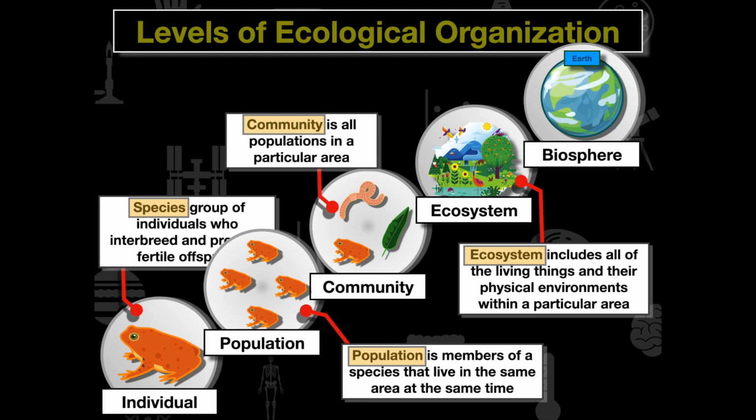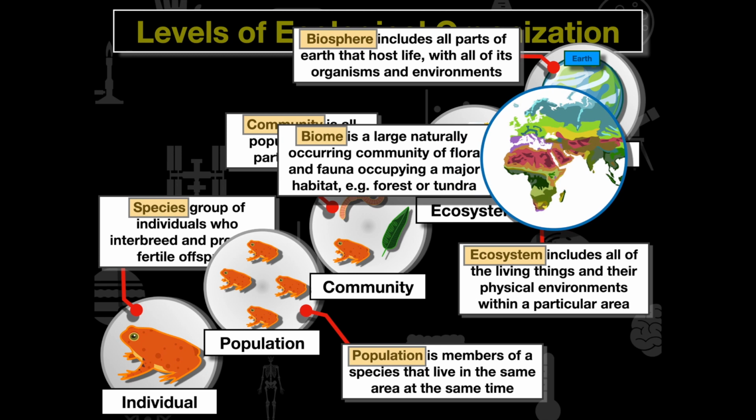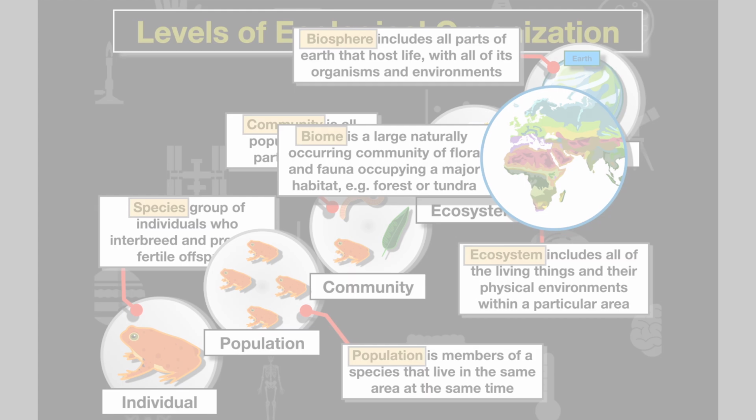Biomes are going to be somewhere in the middle between ecosystem and biosphere. It's important for us to understand this level of hierarchy as we wrap up this ecology unit, because it's important for us to understand the individual level and how that individual plays a role within that ecosystem.